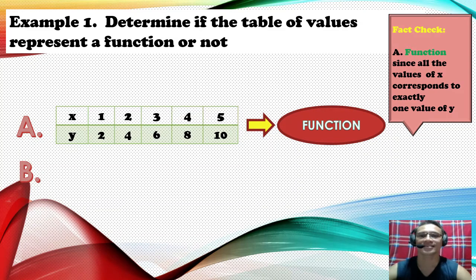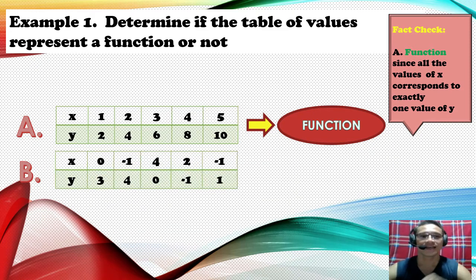Okay, next. The second table of values with the x values as 0, -1, 4, -2, and -1, with y values 3, 4, 0, -1, and 1. So as you can see, there are elements in the x value with more than one element in the y value.